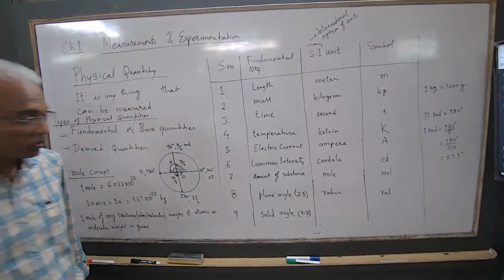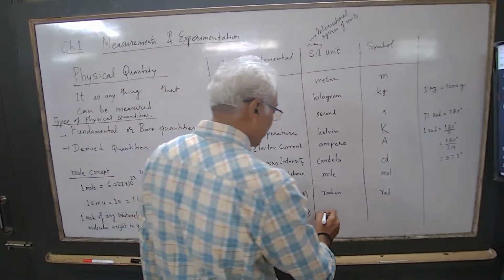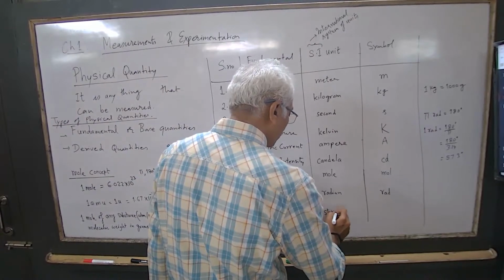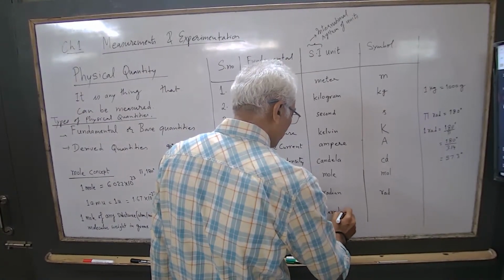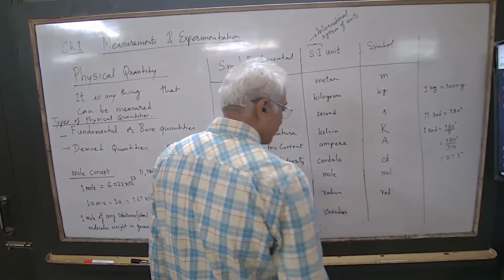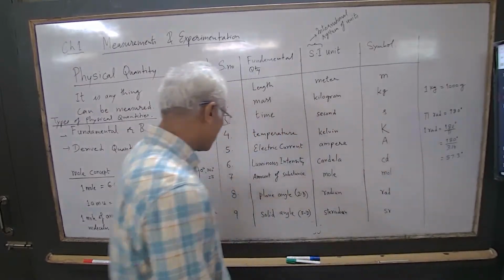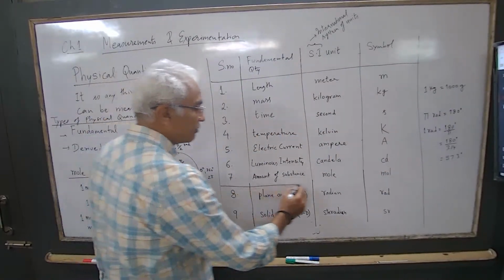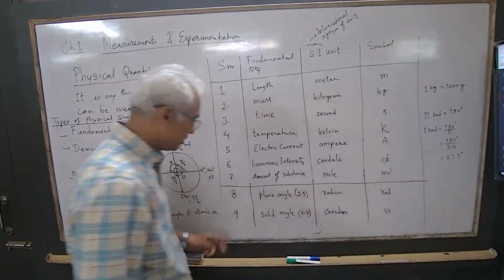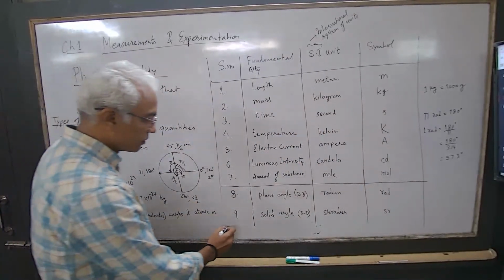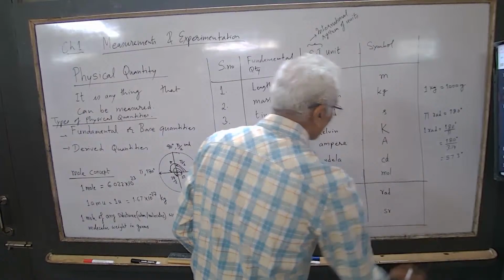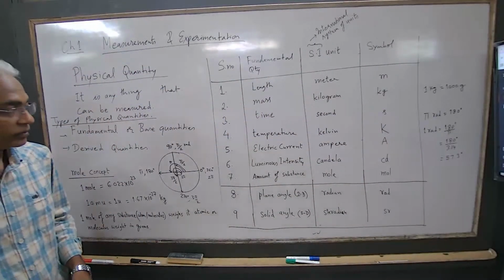The unit of solid angle is steradian, and its symbol is SR. So till 7 are fundamental quantities, and then these 2 additional quantities are there. But together it completes the base quantities.